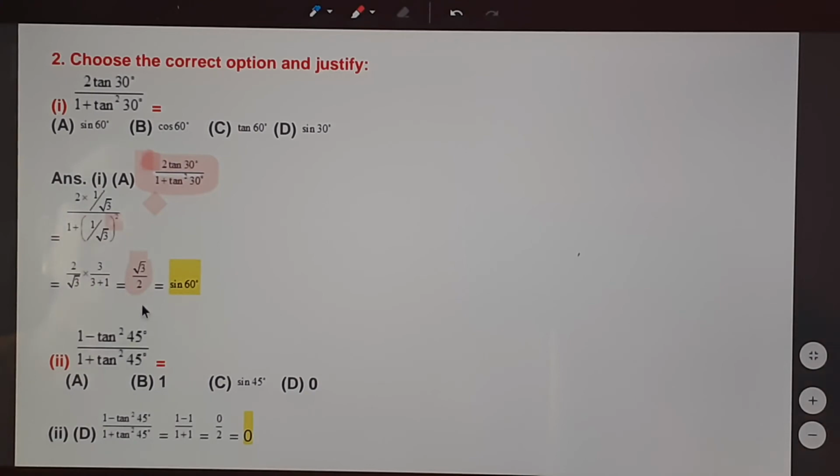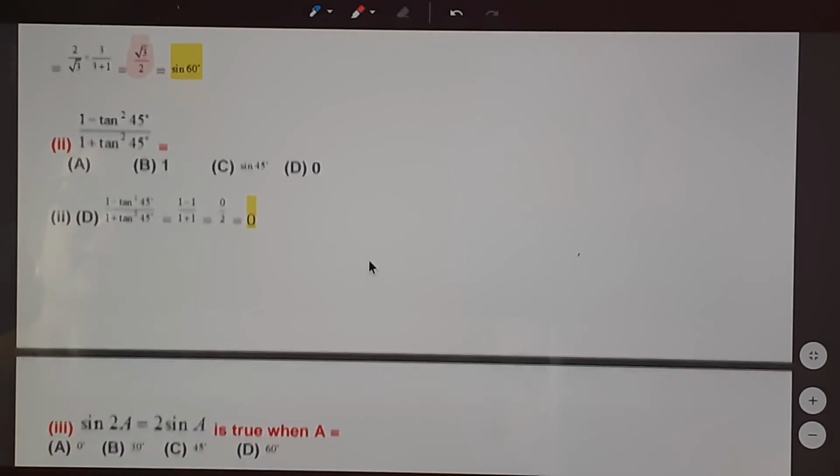Root 3 by 2 is the value of which one? It is the value of sine 60. It is also the value of cos 30, but here the cos 30 option is not given. So which one will be the answer? Sine 60 degree, that is option 1.